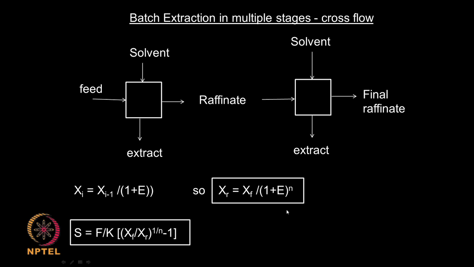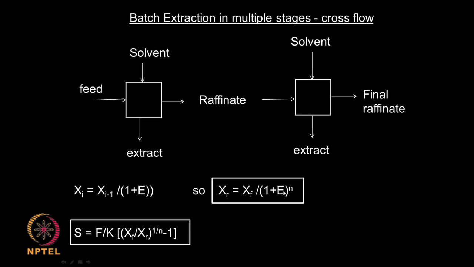The advantage of this equation is tremendous. If I want to know how many stages of cross flow I should have to extract 99%, then I can use this equation. If it is 99% extraction, your XR will be 0.01 of XF, correct.